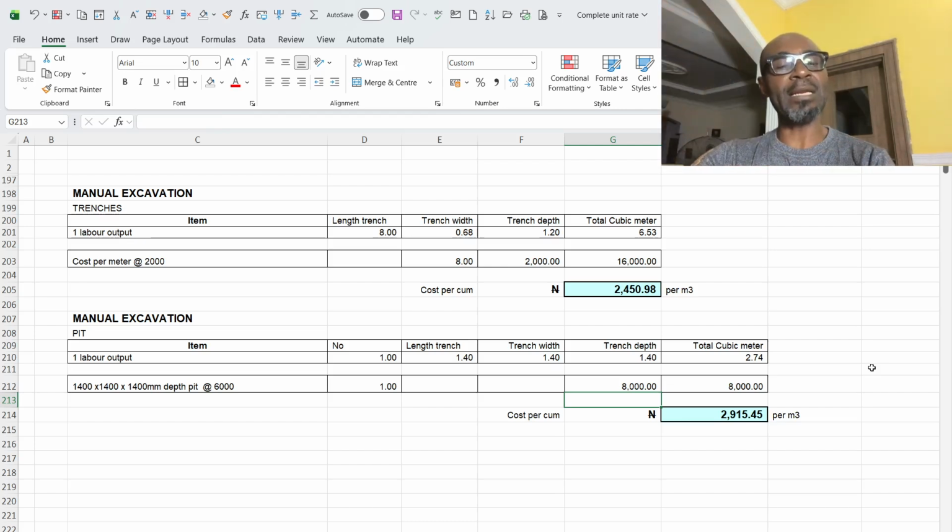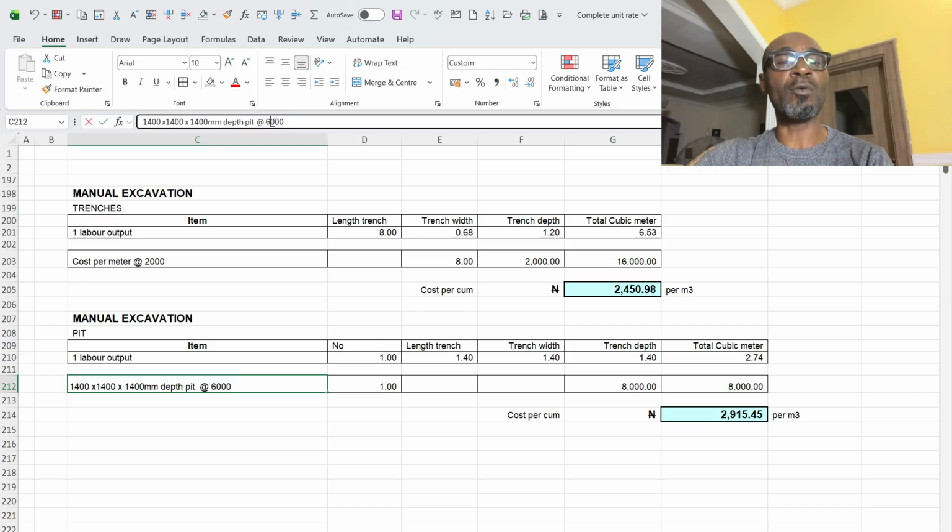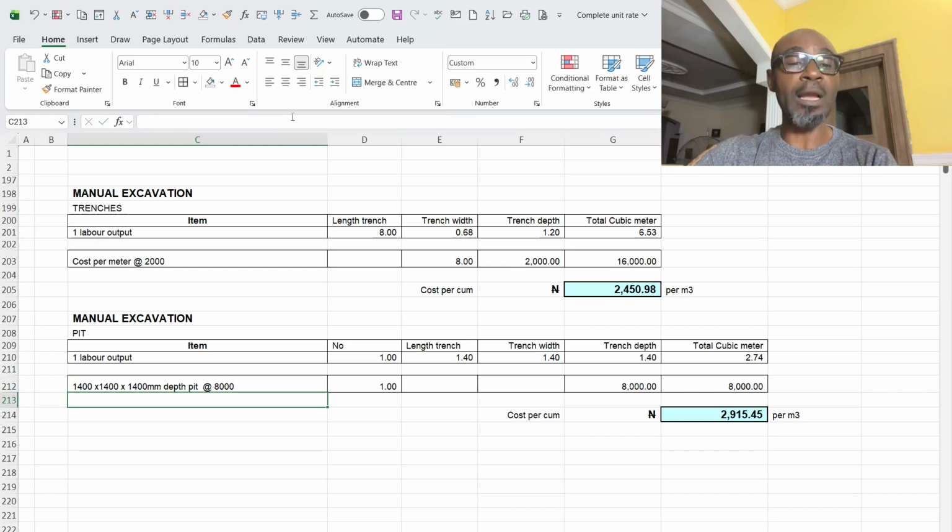I treated the mechanical in my last video, and now the next video is going to be on the manual: how to compute the cost per cubic meter for manual excavation. And that is what you are seeing on my screen.